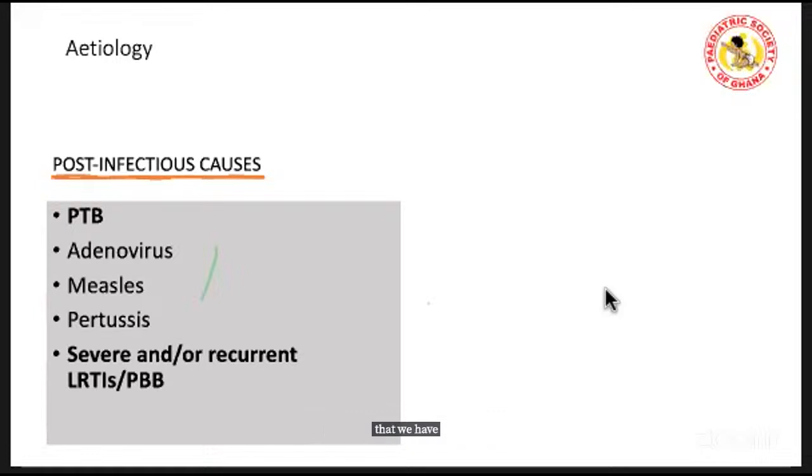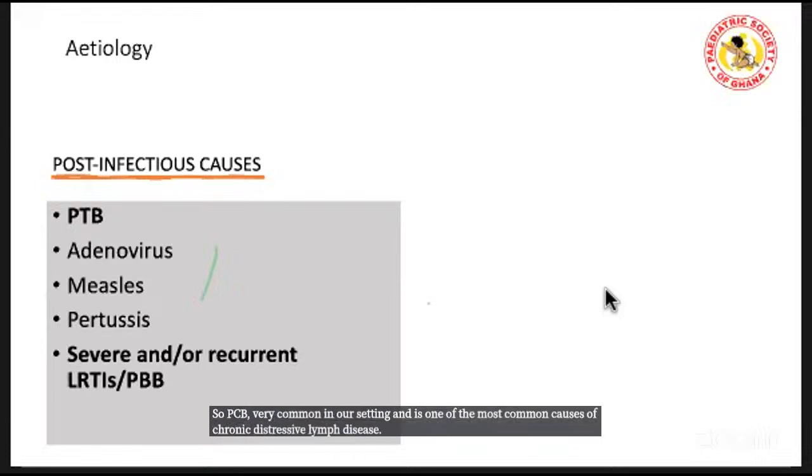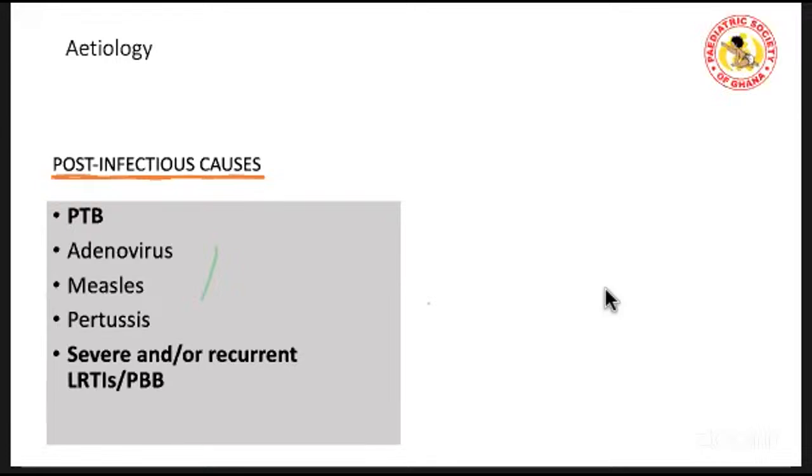So PTB is very common in our setting, and it's one of the commonest causes of chronic obstructive lung disease. Other infections include adenovirus and measles. Measles has a tendency to knock off your mucociliary clearance and put you at risk of getting severe pneumonia from other bacteria.